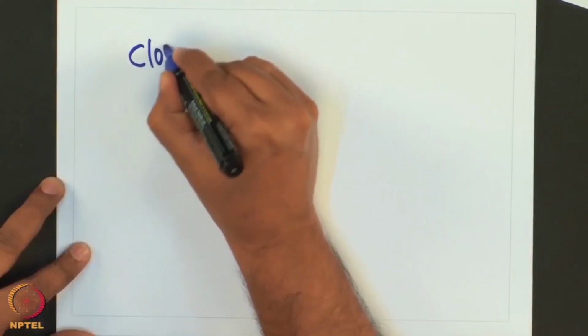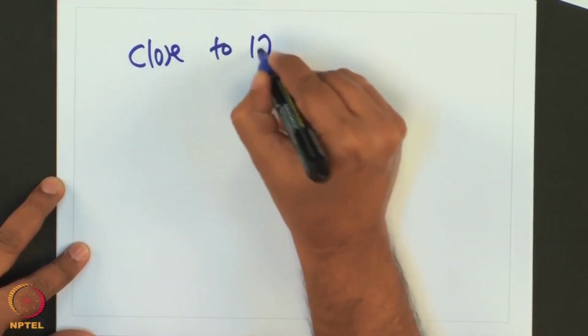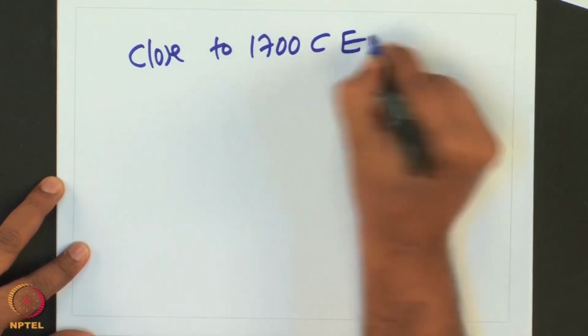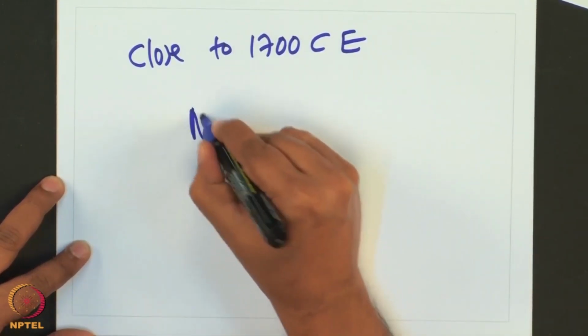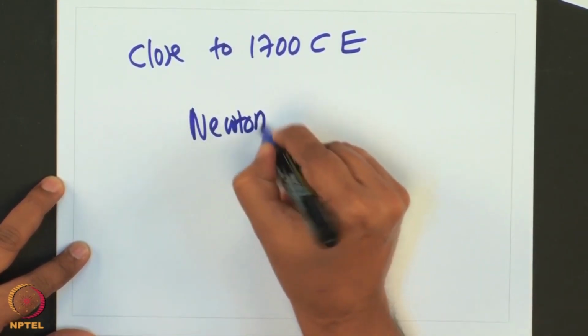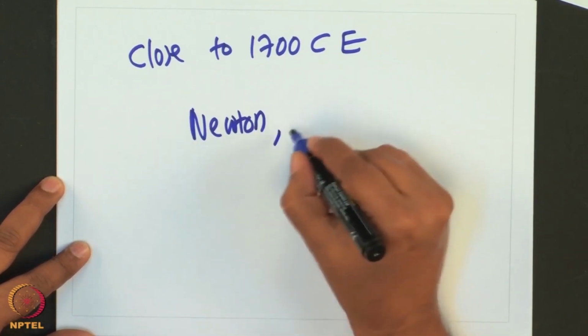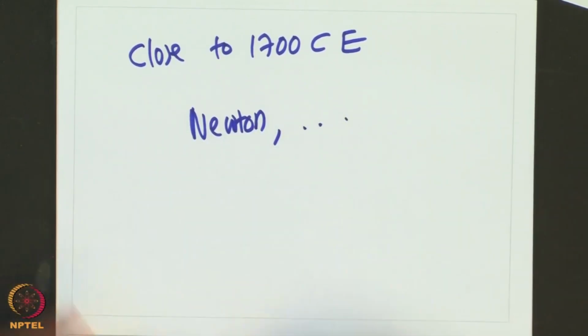And later, the way we know it was developed by Newton and Leibniz in the 17th century. So, of course, close to 1700 Common Era, people like Newton, Leibniz and many others used this to describe, Newton in particular used it to describe motion, gravity, motion.